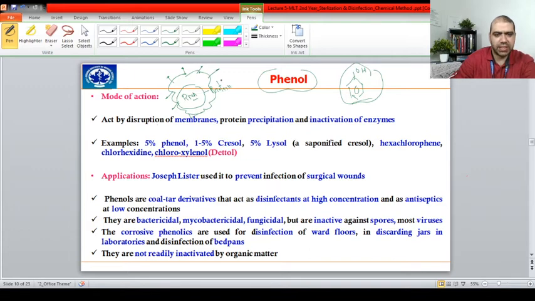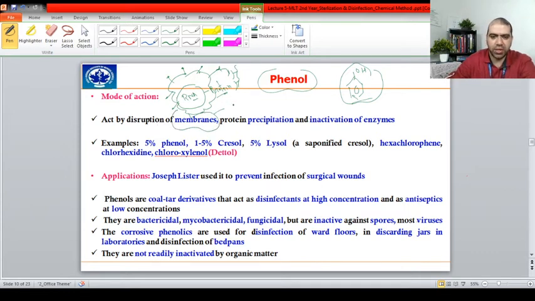It has spikes around it, which help the coronavirus attach to our nasal membrane cells. We have receptors inside the nostrils, and this helps the coronavirus bind and then infect us. So phenol is very good for disrupting membranes.